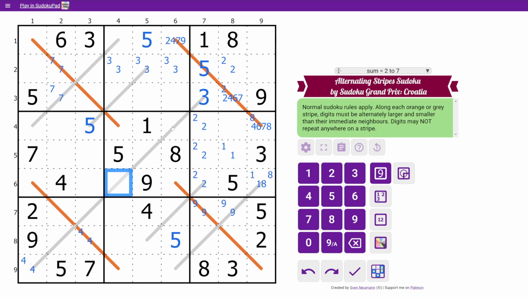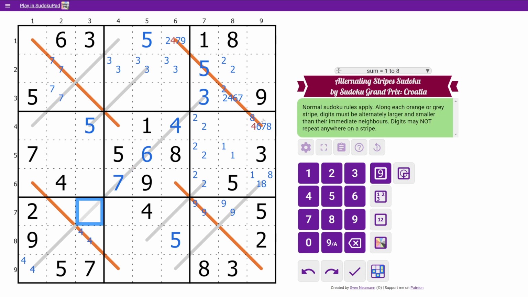Oh, you'd have to go up and then back down. Is that right? I think it is. So I'd have to go 4, 6, 7. Let me just try that. And then I have to go back down.